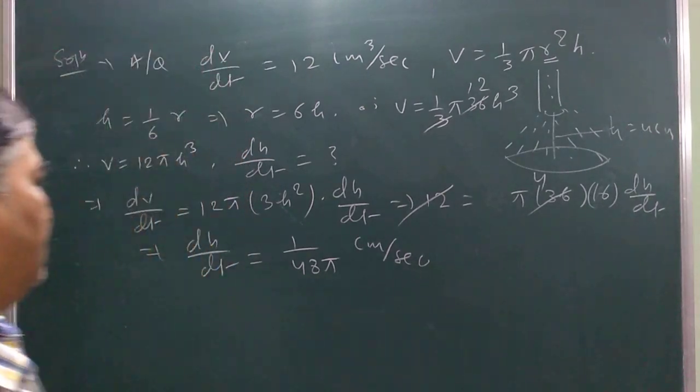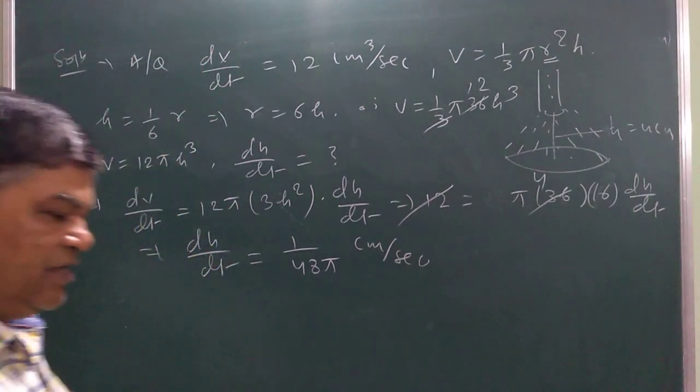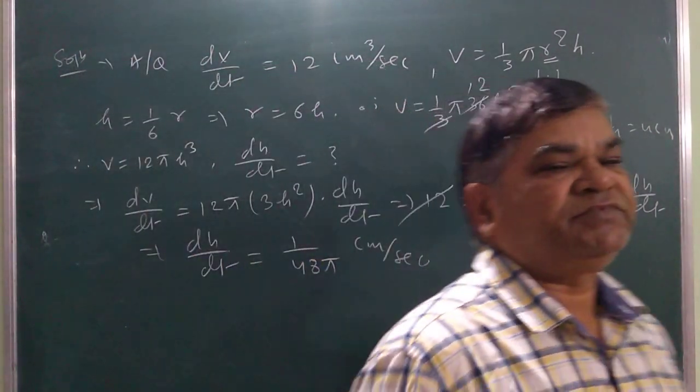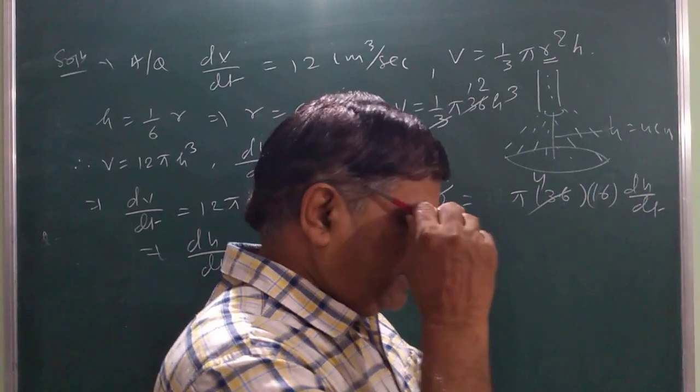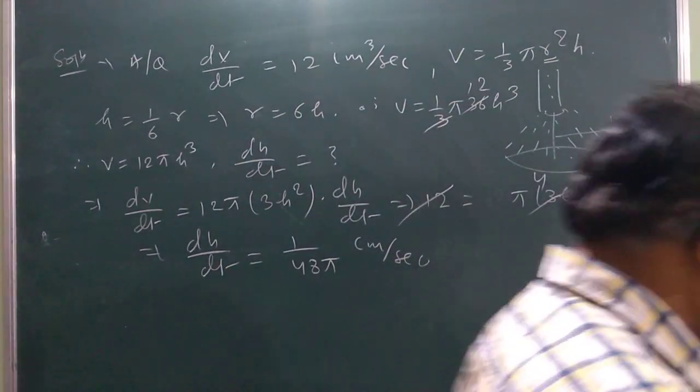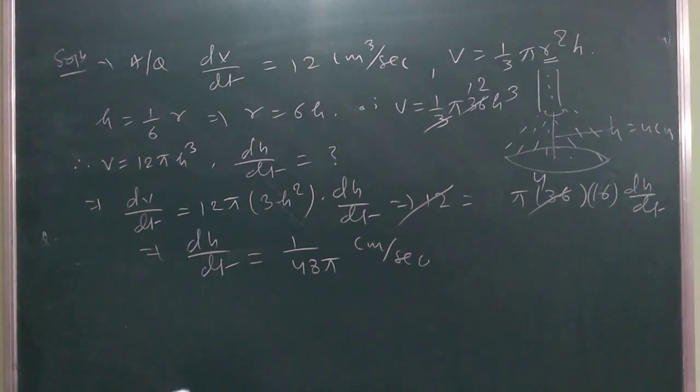Now let us take a question from coordinate geometry. One question is there in the NCERT book, that is question number 6.